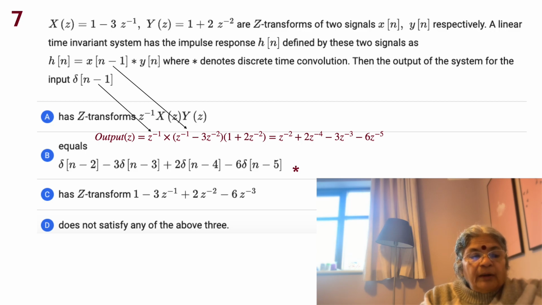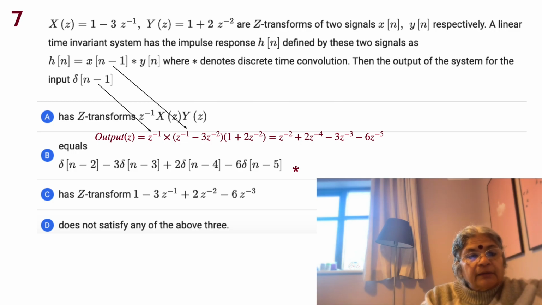X(z) is equal to 1 minus 3z raised to minus 1. So in other words, x[n] has a value equal to 1, that is, there is an impulse at n equal to 0, such that you can convert it into its z transform as equal to 1.